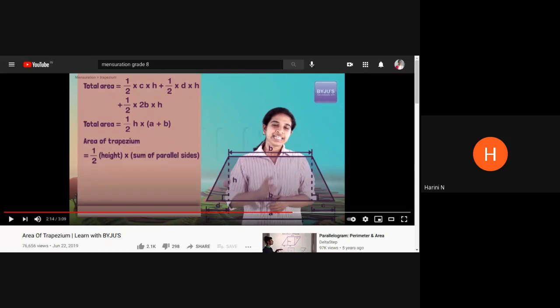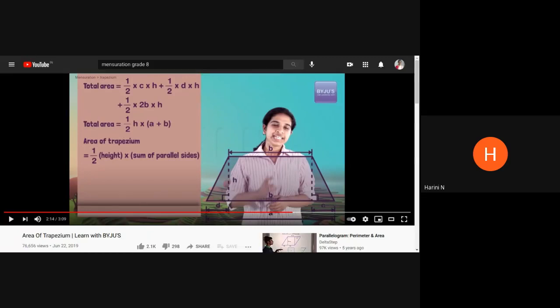Now you will look at the diagram on the video and draw it again in a notebook and complete this entire formula till you reach area of a trapezium is equal to half into height into sum of the parallel sides. So first you take your notebook and draw this trapezium and mark all the sides as she has given you in the figure. So go on, take your notebook and start writing this.